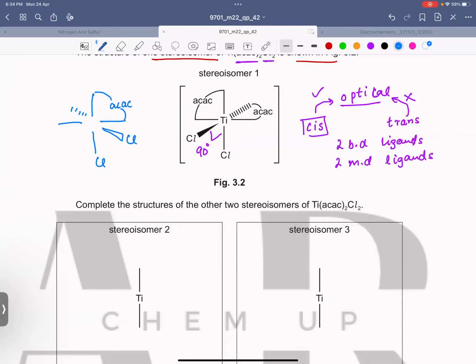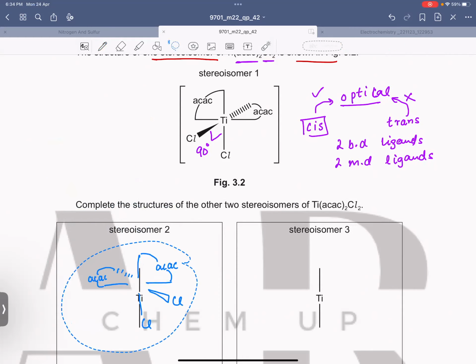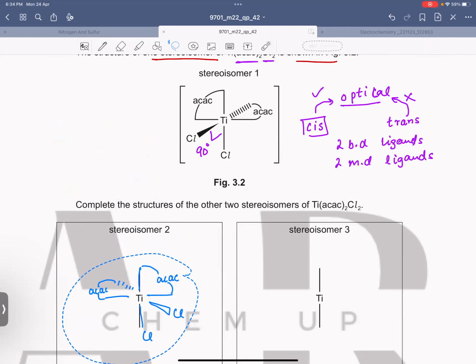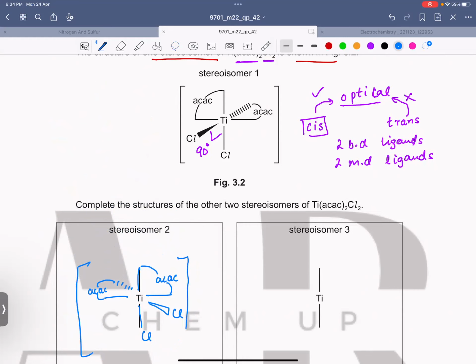Then this, and here we have this. That's how you can draw a mirror image. Is this understandable to everyone?